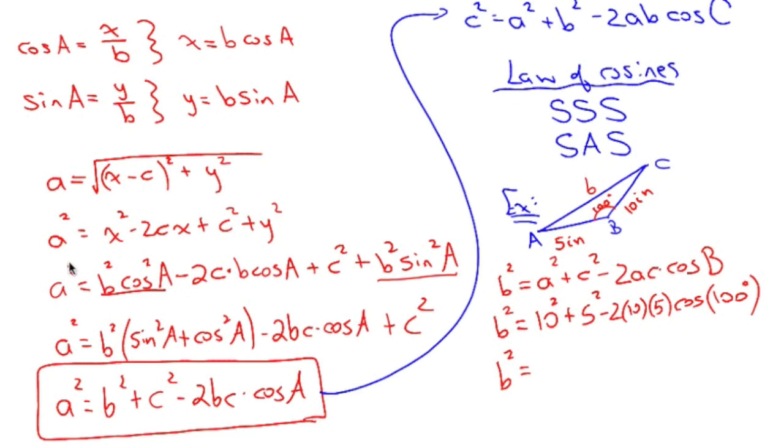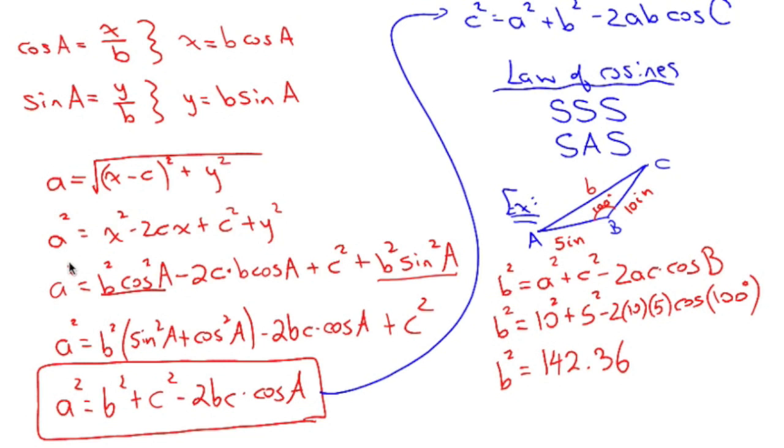So you get b squared is equal to 142.36. Oh, you didn't get that? Did you take the square root already? Once you get down to b squared equal to this number, you have to square root it.